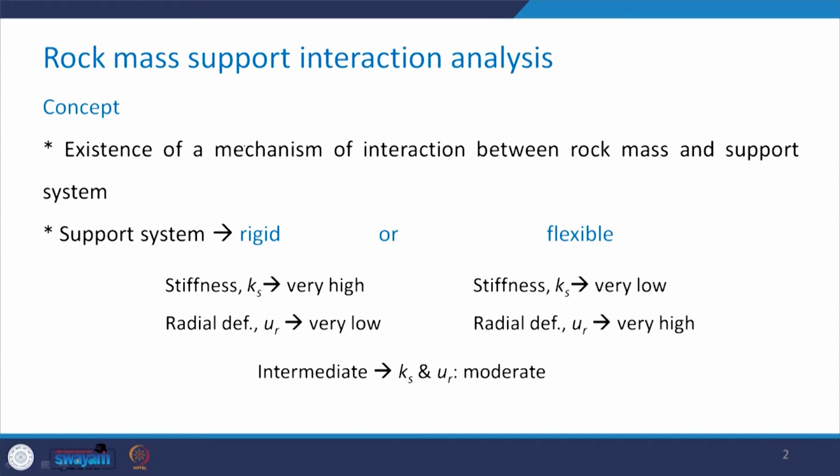It includes the existence of a mechanism of interaction between the rock mass and the support system. When I say rock mass, what does that mean? That is the medium in which the excavation has been made.